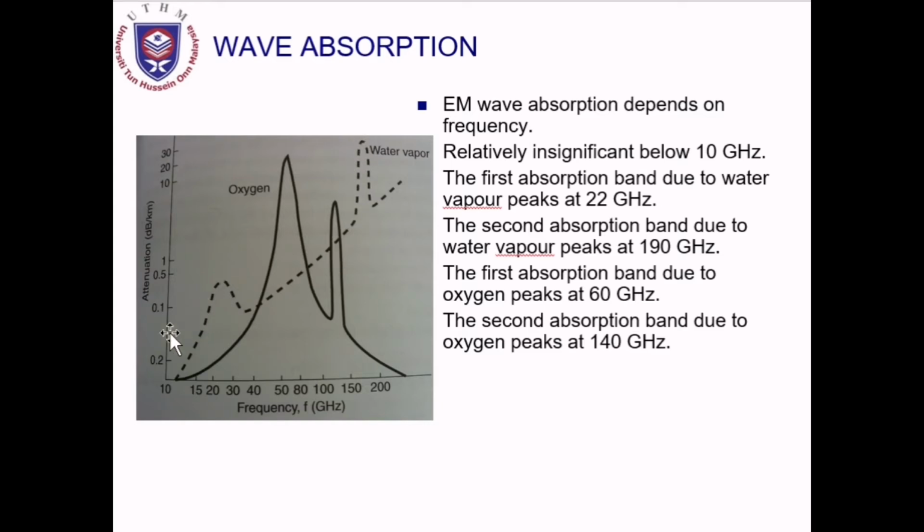And if you look at the trend for the water vapor, as the frequency goes higher, the attenuation becomes higher. At the top here, at this point, water vapor is at 30 dB per kilometer attenuation. So it's really high.